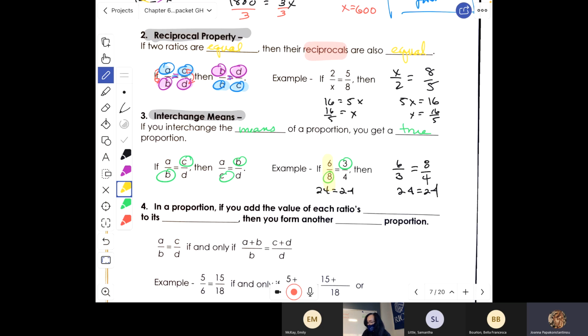If I divide the numerator and denominator by, let's say, 2, I'm going to get 3 over 4. If I simplify each of these fractions here, what do they become? So do you see how they're still proportions? The two sides are still equal.